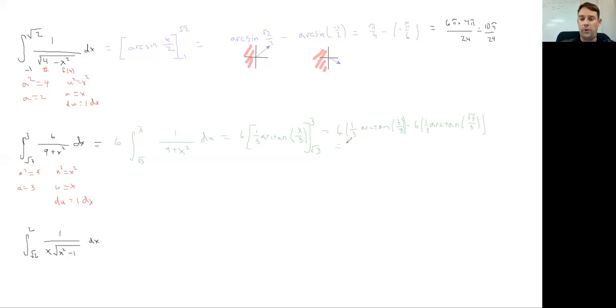All right, so we can evaluate that a little bit. We get 2 arctangent of 1, minus 2 times arctangent of root 3 over 3. It will be pi over 6, but.